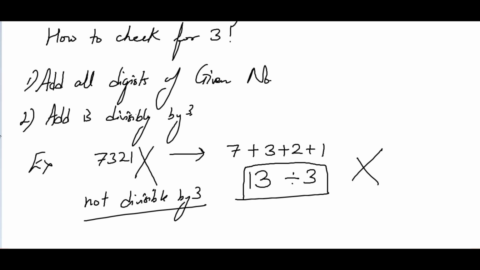Let's move forward to the number 4. So how to check if the number is divisible by 4? Sorry for my bad writing, I just want to write it quickly.